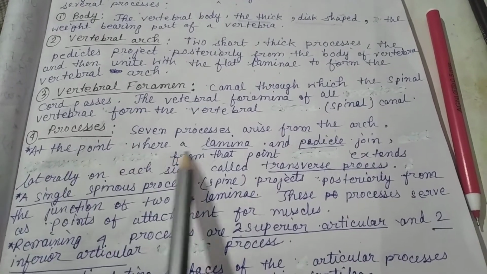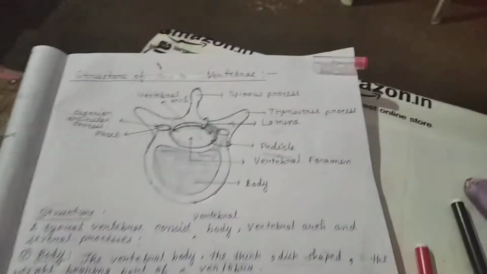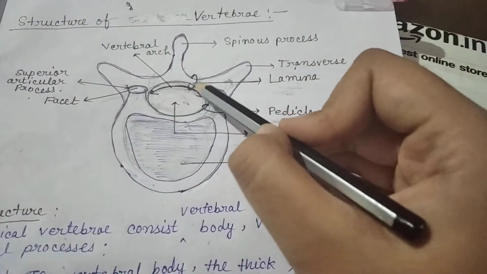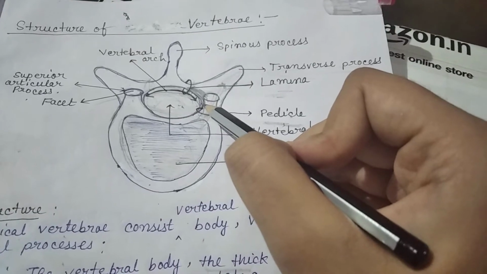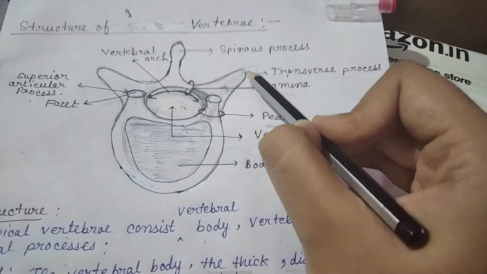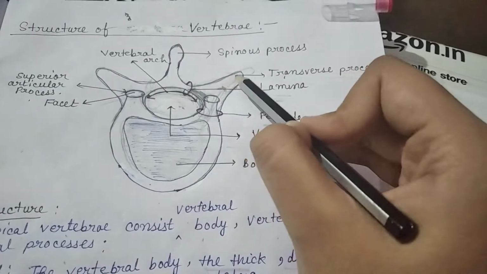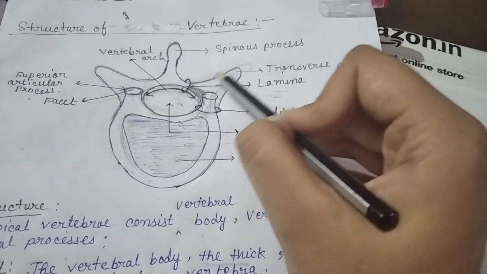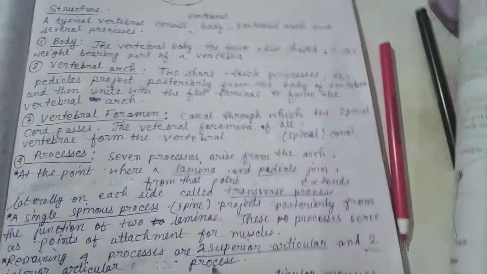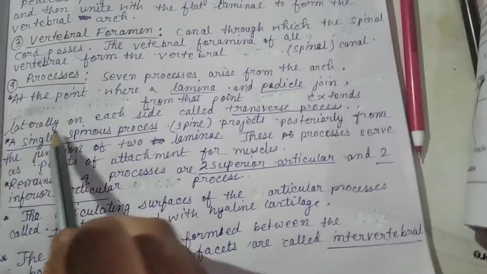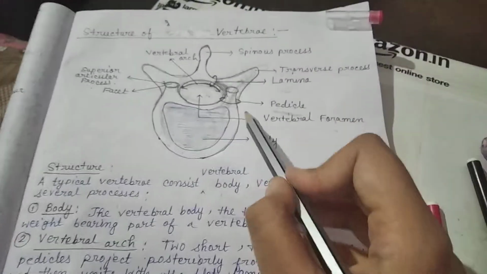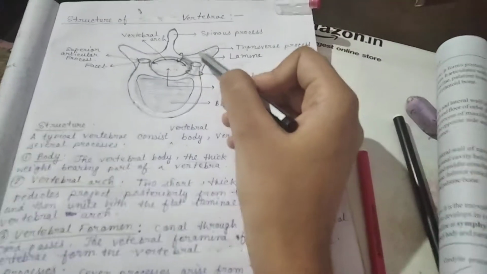At the point where a lamina and a pedicle join, from this place the transverse process arises. From this point it extends laterally. The transverse process extends laterally. Laterally means towards the sides.